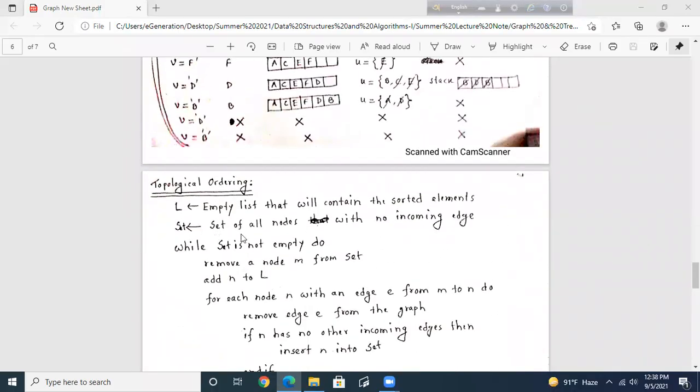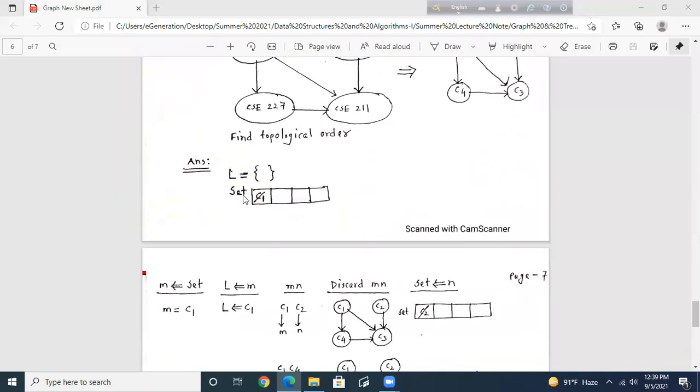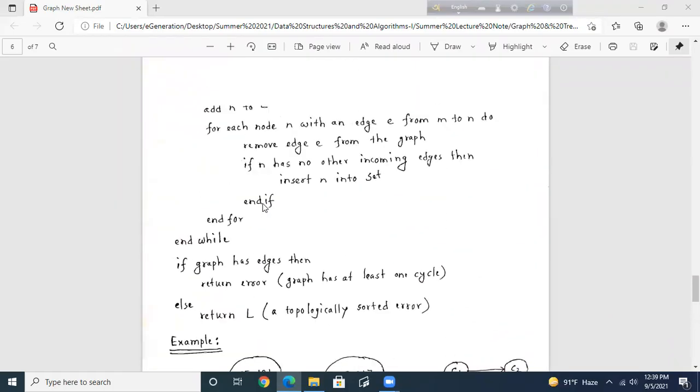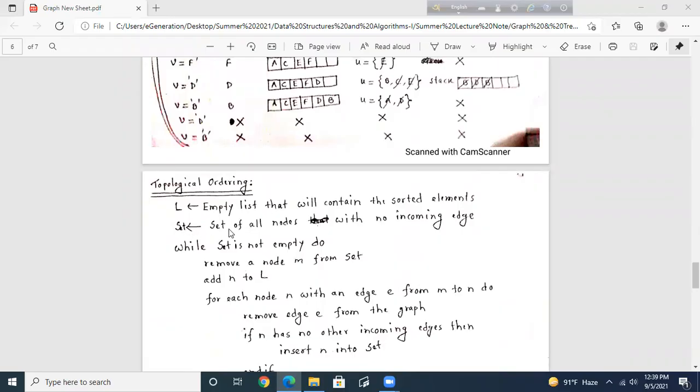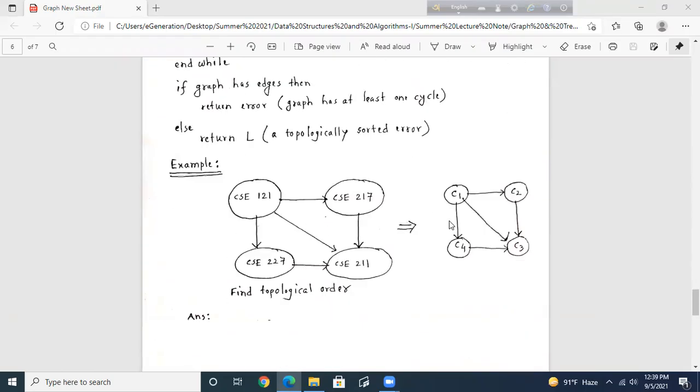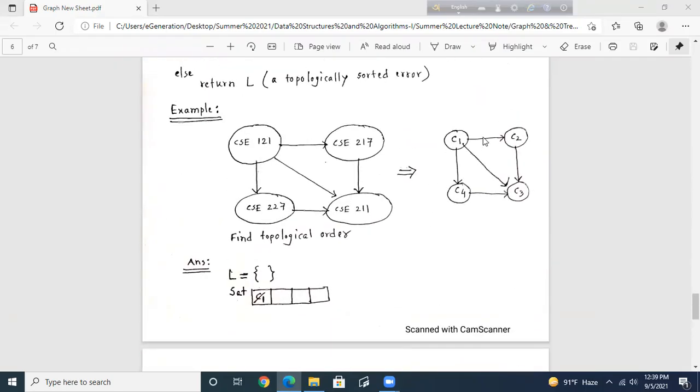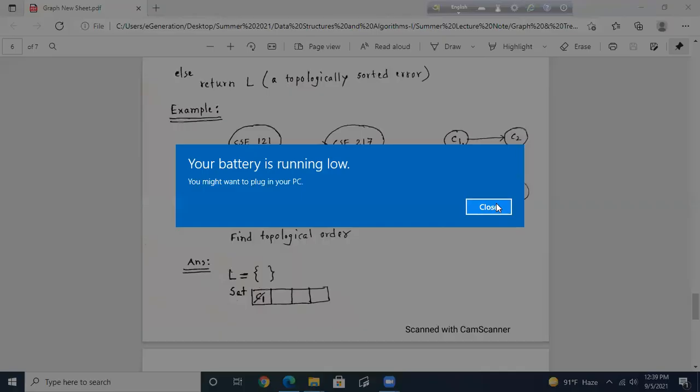The second step is: set equal to the set of all nodes with no incoming edge. So now you have to look at the simplified diagram, and find the node that has no incoming edge. Dear student, please wait, my battery charge is low.